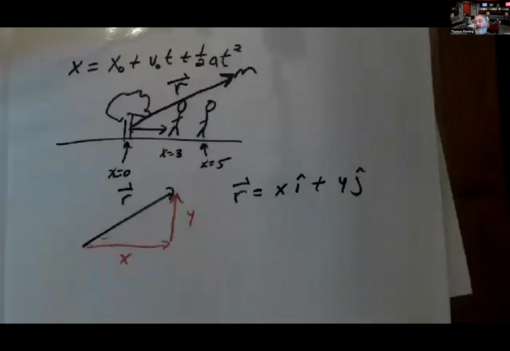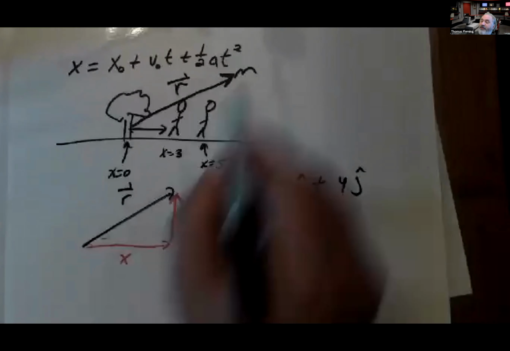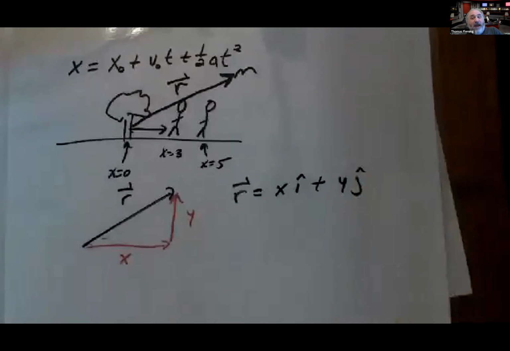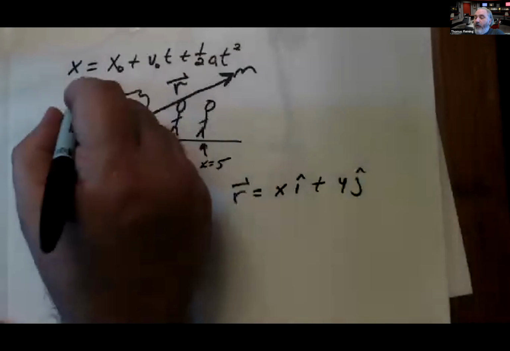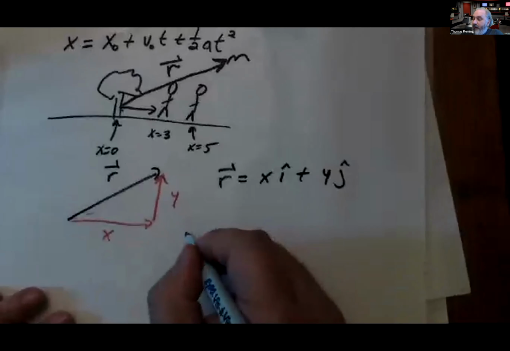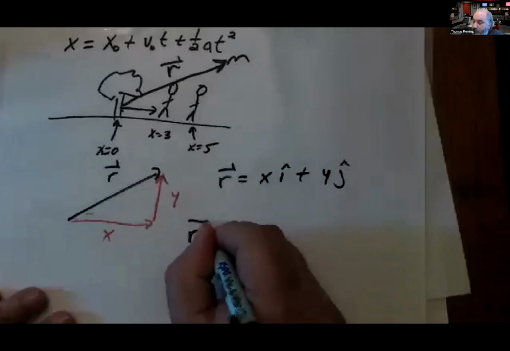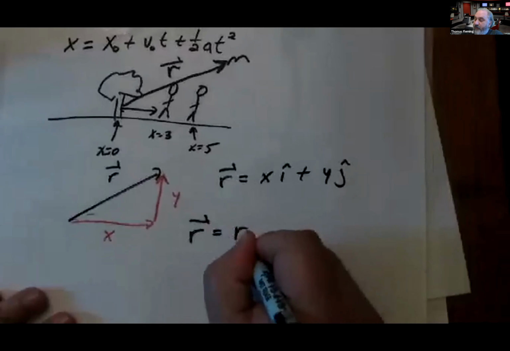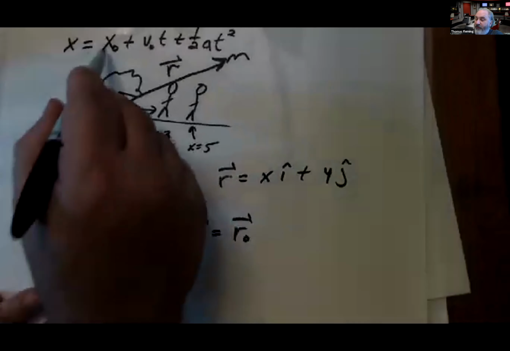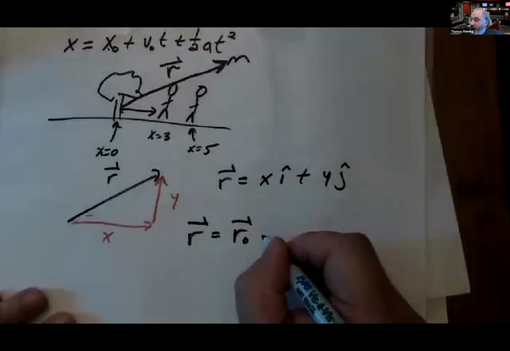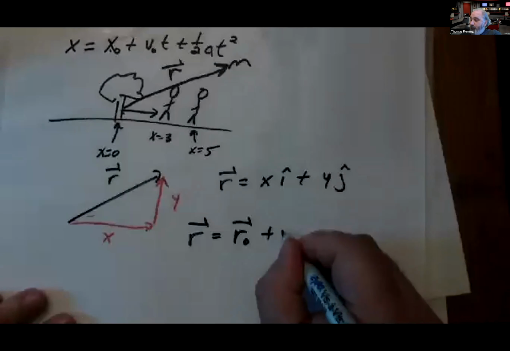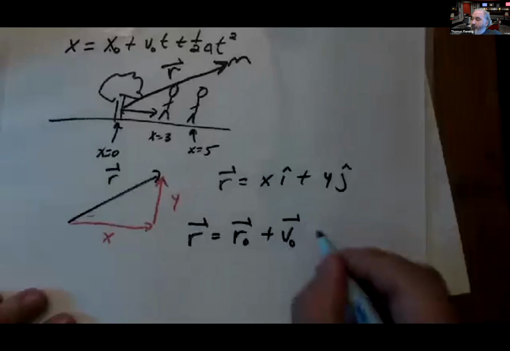So, kind of neat. And if I wanted to write this same relationship in a vector sort of way, what I could really do is replace all the x's with r's, and I could say that my final position vector, r, is going to equal my starting position vector, so I'm just replacing this with this, plus my initial velocity, which is also a vector, times t.